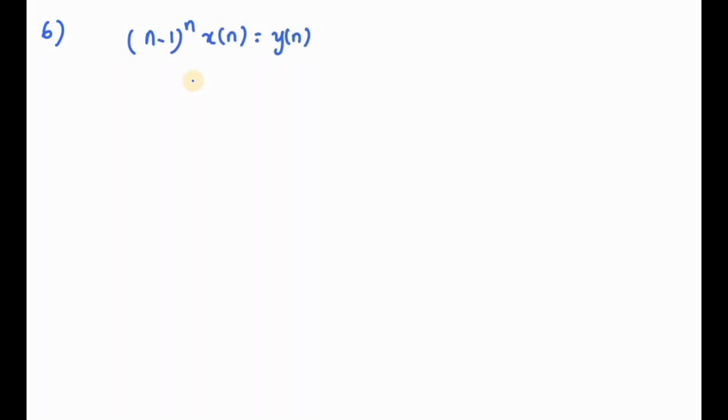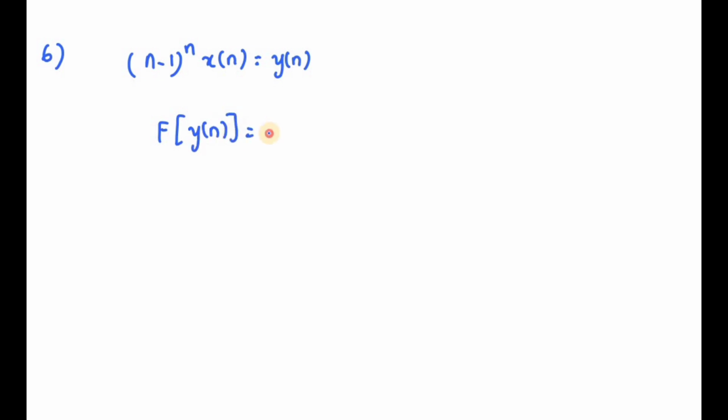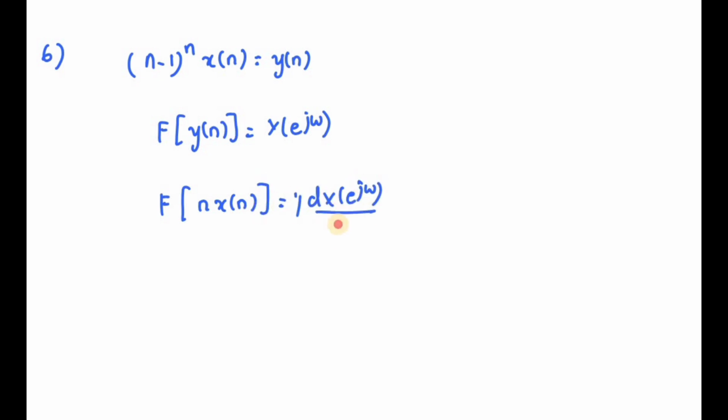So the next problem is they are asked to find the Fourier transform of y of n, that is equal to Y of e power j omega, right? If I want to find the Fourier transform of n into x of n, the formula is j into d of X of e power j omega by d omega, right?